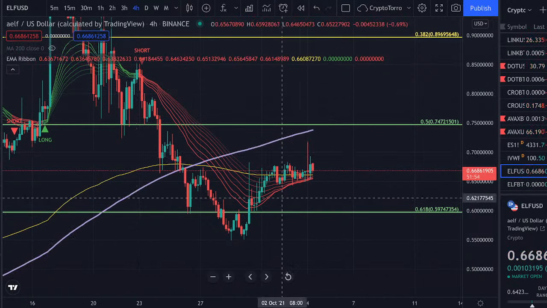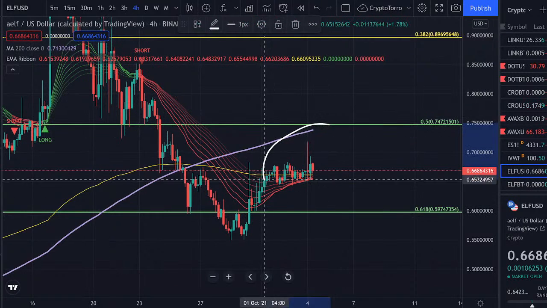If we take a look at the 200-day moving average, you can clearly see that it's still far above us.